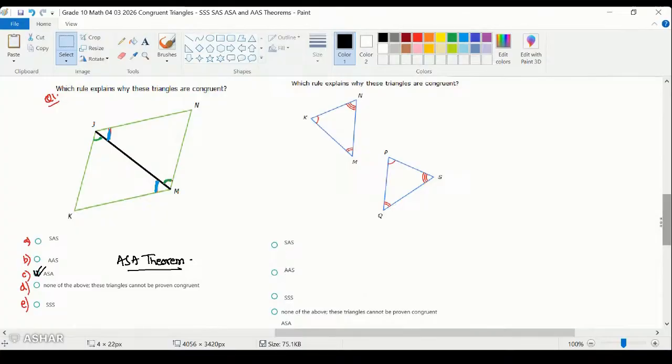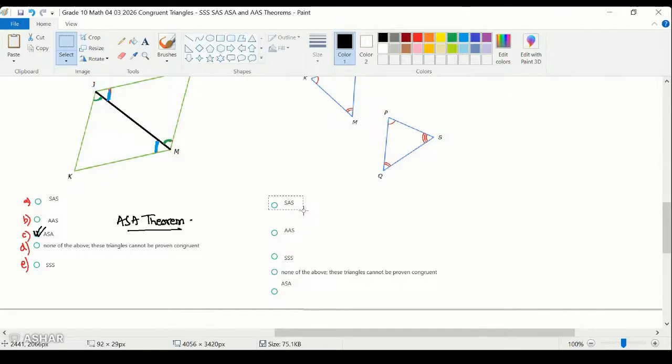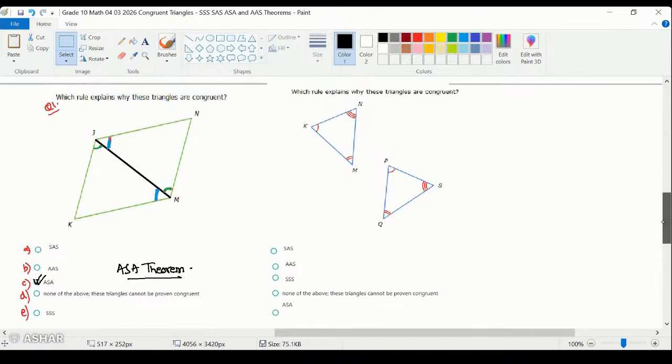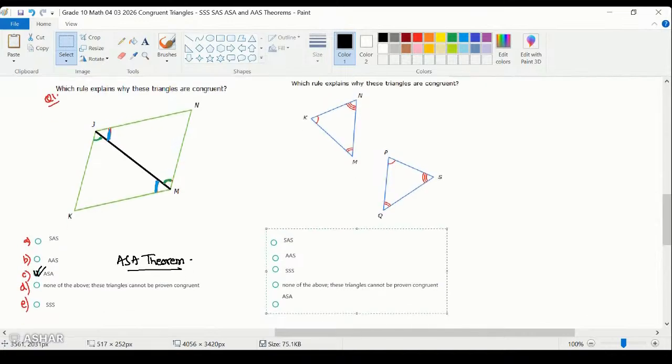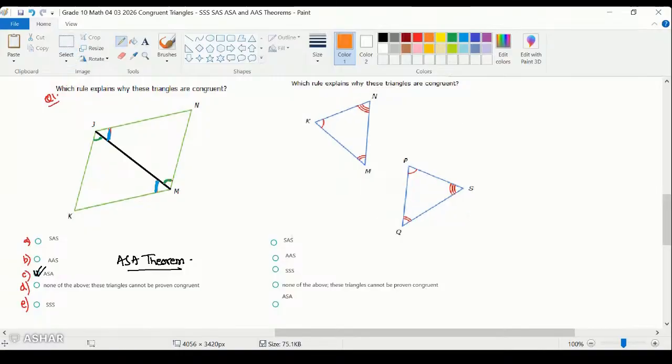Just a moment, please. Let me realign them so that we would have space. If this was the given question, we've been asked whether these two triangles are congruent, and if they are, by which theorem are they congruent?